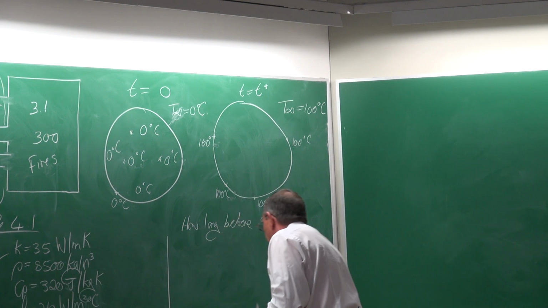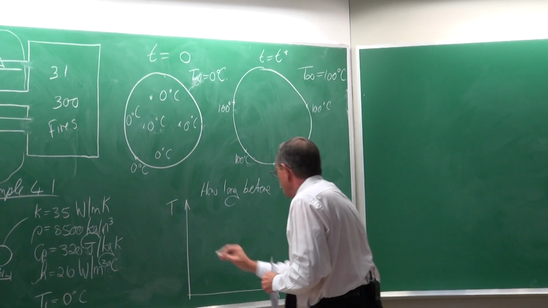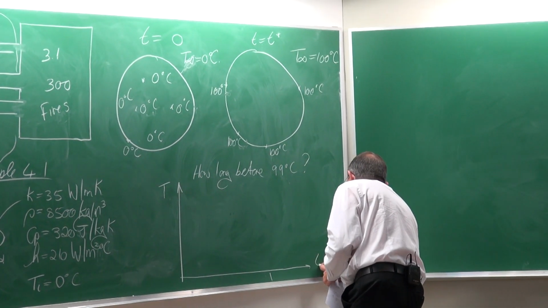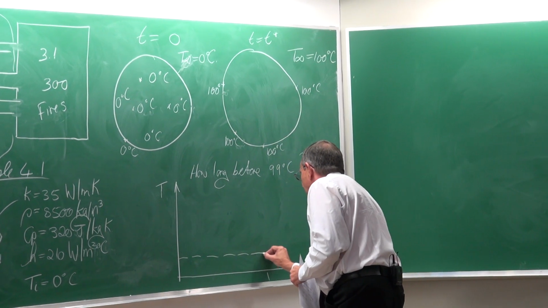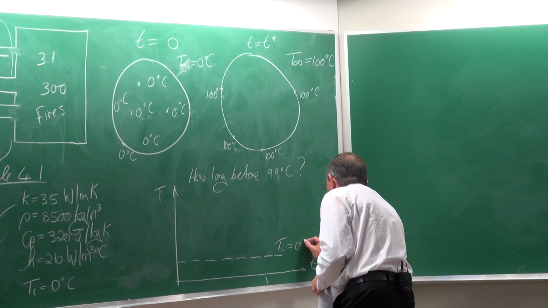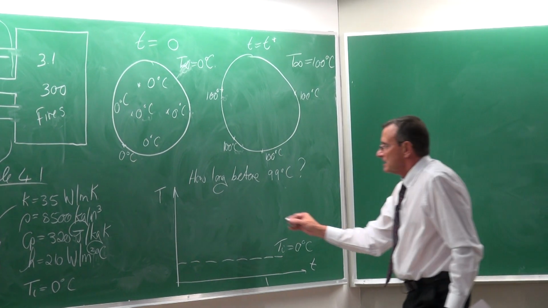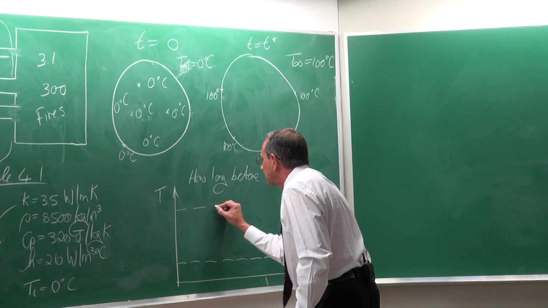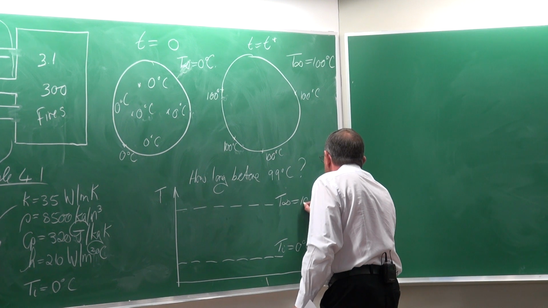If we do it schematically, we would say there's the temperature as a function of time. This is Ti, where it was originally at 0 degrees Celsius. T infinity is 100 degrees Celsius.